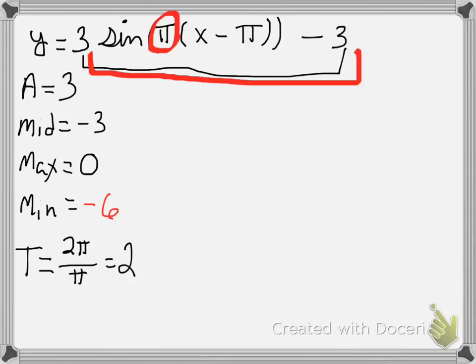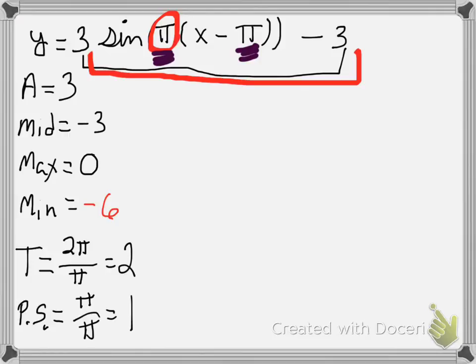So the period is 2. Now the phase shift is this constant here divided by that constant there. So the phase shift is going to be pi divided by pi, which, amazingly enough, is 1.